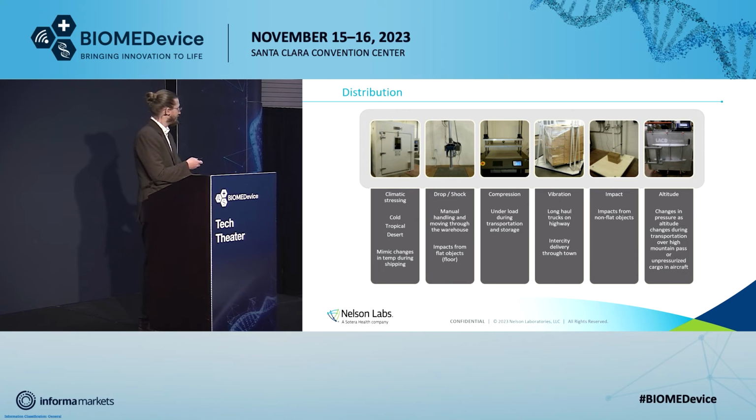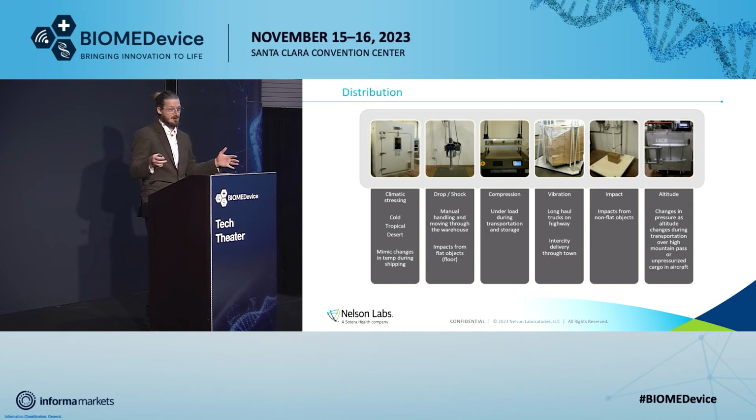So the different hazards included in distribution testing start with climatic stressing. The most common temperature cycles that you include are a cold cycle, which is about minus 30 Celsius, a humid cycle, which is 40 Celsius and 90% humidity, so very, very humid, and hot and dry, which is 60 Celsius, 15% RH.